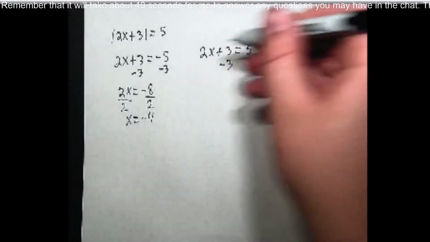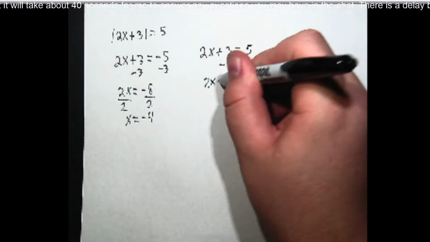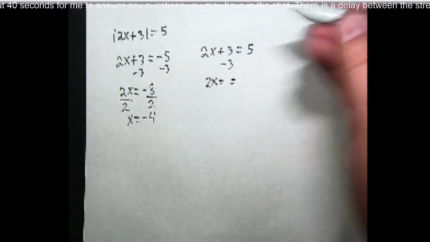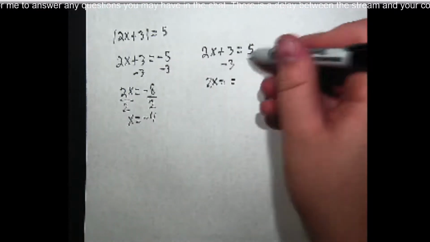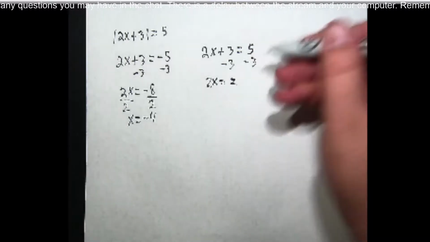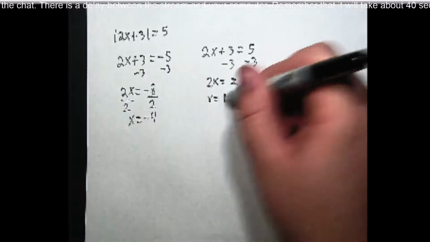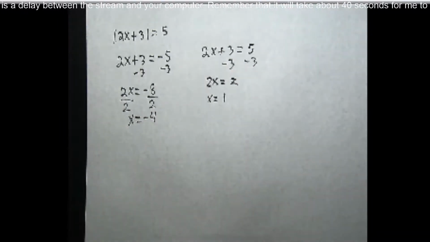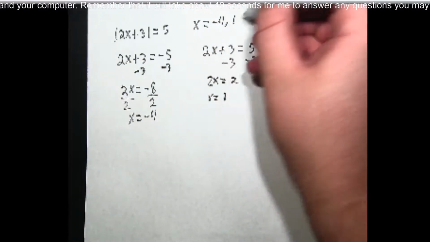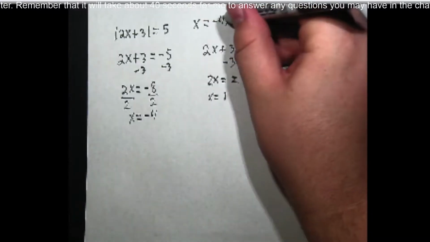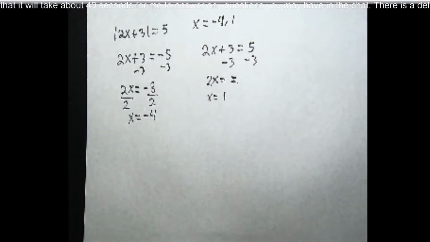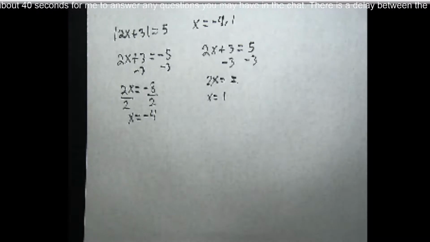So we just do minus 3 to get 2x equals 2, and then x equals 1. So, in this case, x could be equal to negative 4 or 1. And again, if you want to plug those answers in and see if they work, you can go ahead and do that. But I already know that they do.